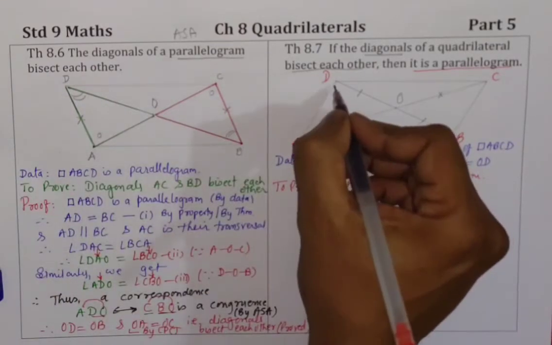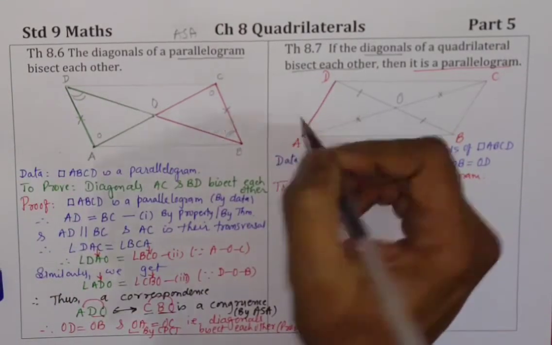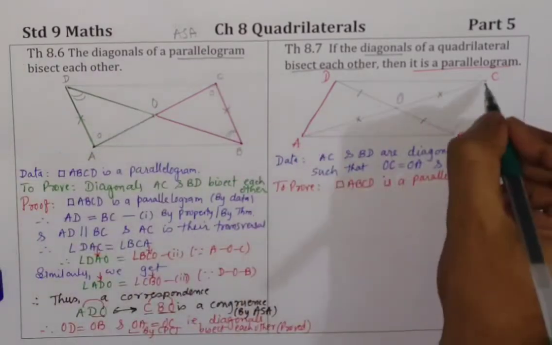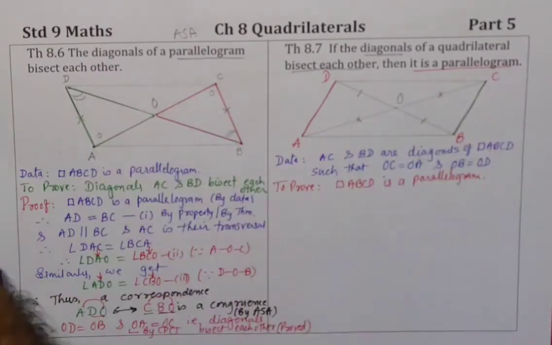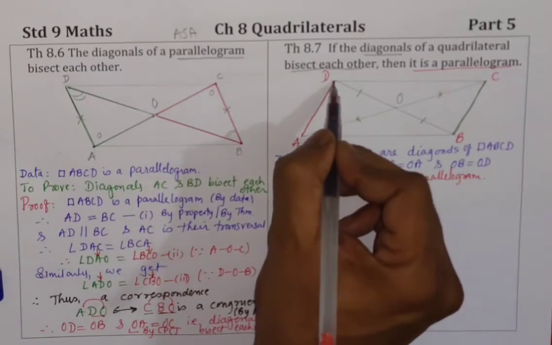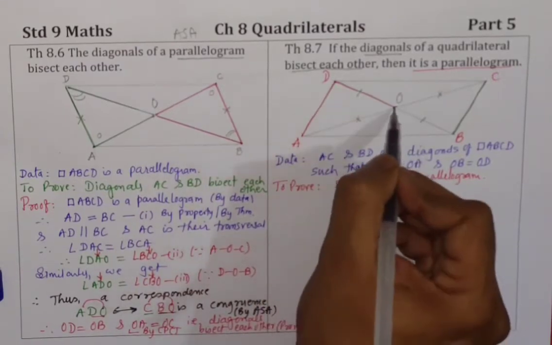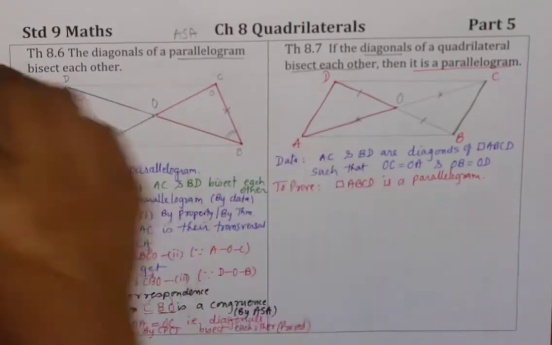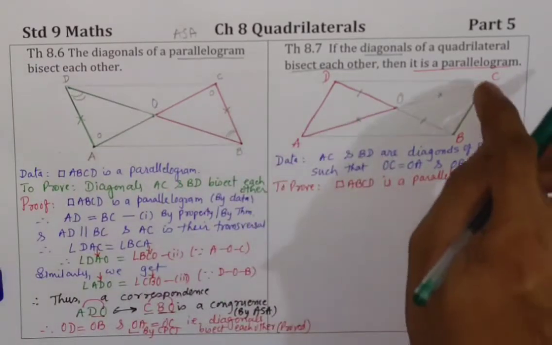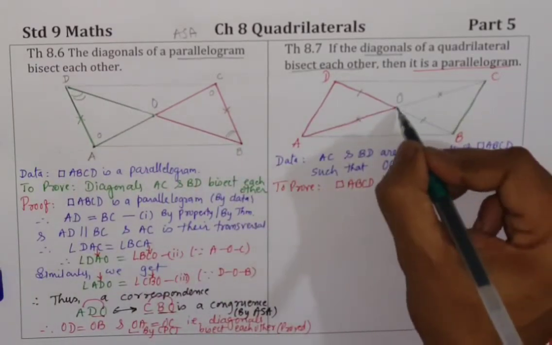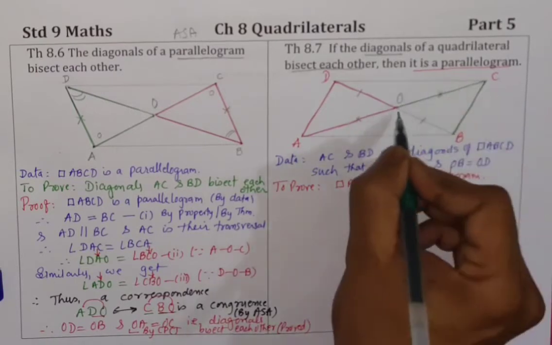Okay. First, I would like to show AD is equal to BC. Very clearly, you can choose the triangles DOA, the red one, containing AD, and the triangle containing BC, you may choose this.